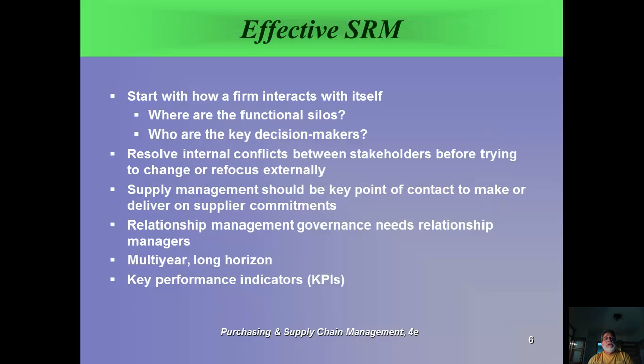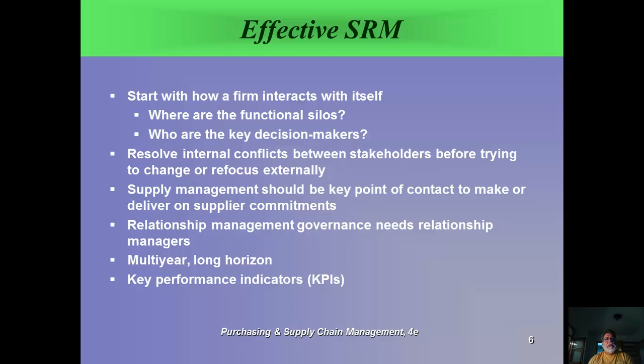So how do you do this, closer supplier relation management? Well, start with your own organization. Figure out what your internal problems are. Who are the key decision makers that you need to talk to fix things? And resolve your internal conflicts so that you're able to now start focusing externally.